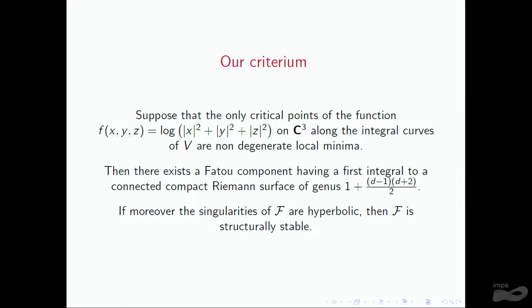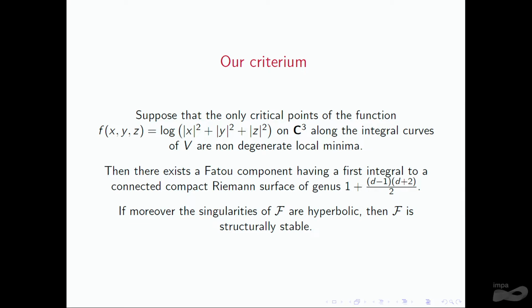In fact, you have three possibilities. You restrict a function on a surface, so its critical points generically can be local minima, saddles, or local maxima. Here, local maxima are not possible because this function f is strictly plurisubharmonic, and you restrict it on a holomorphic curve. So you cannot have a local maximum, but you can have the two other possibilities, either a saddle or a local minimum, and we assume that we always have a local minimum.